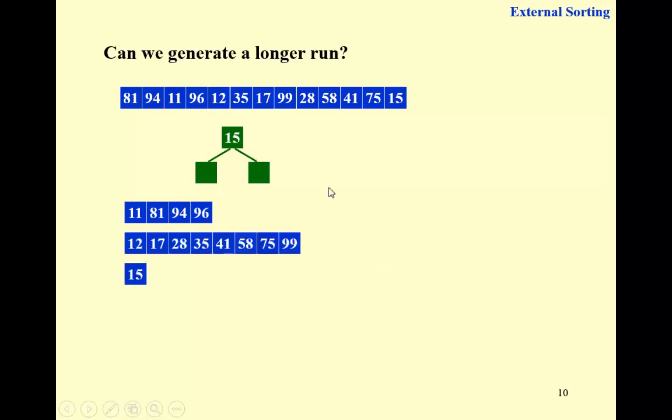This method is called replacement selection. And in general, the runs generated by this method are about 2 times m, where m is the size of the internal memory. So it will generally double the size of each run.